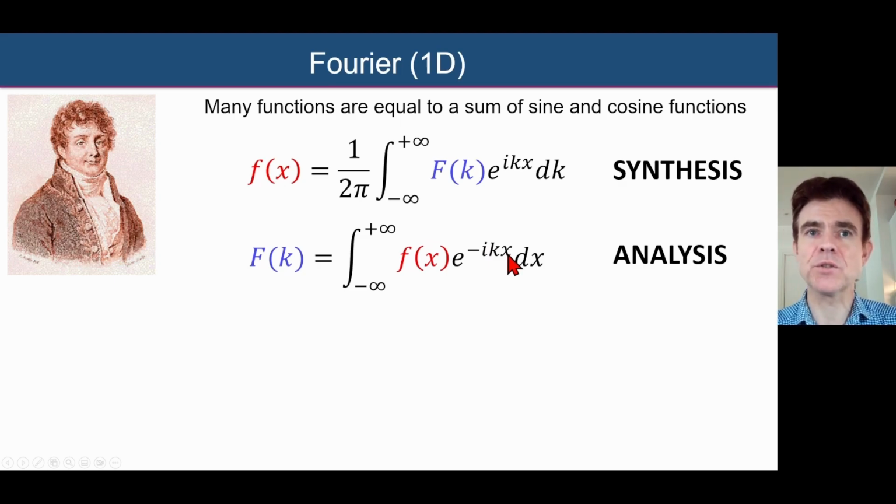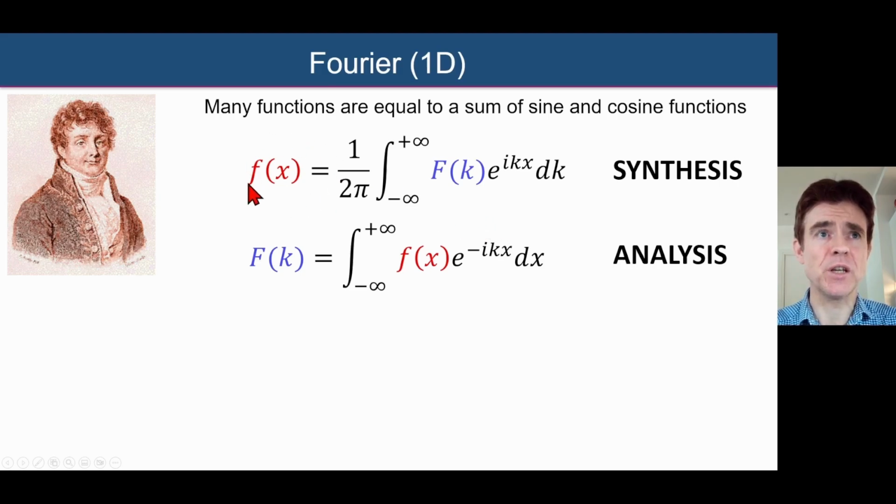The reason is that when e to the minus ikx meets itself in f of x, and then when we do the integration, we get a finite result related to the coefficient F for that particular complex exponential, e to the ikx, which we're assuming to be present in f of x. Now, these equations will become increasingly clear, especially this first one, in the graphical examples throughout this video. So I hope that will get more and more clear as we go along.